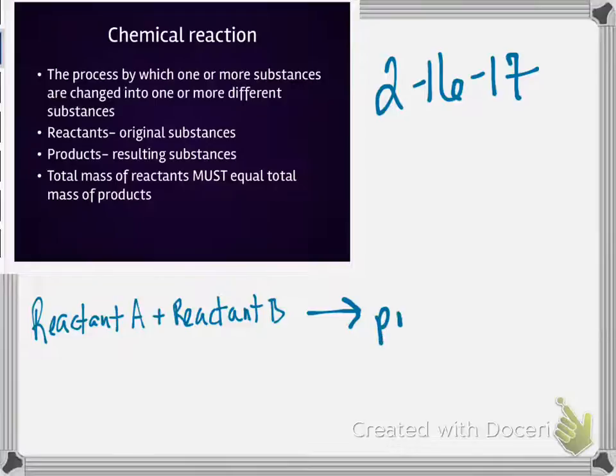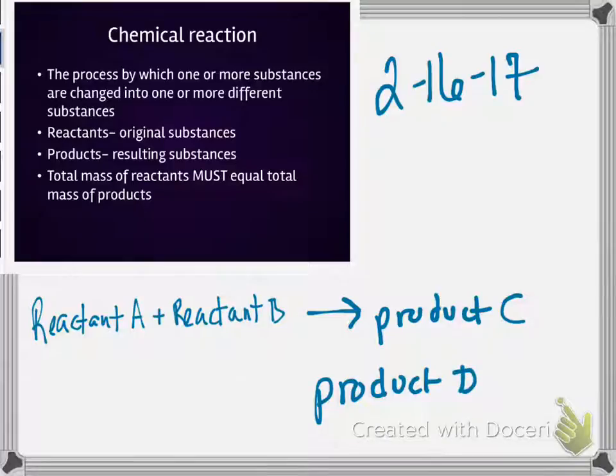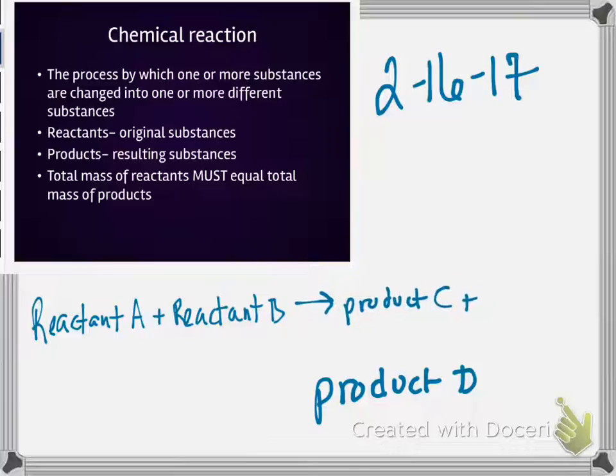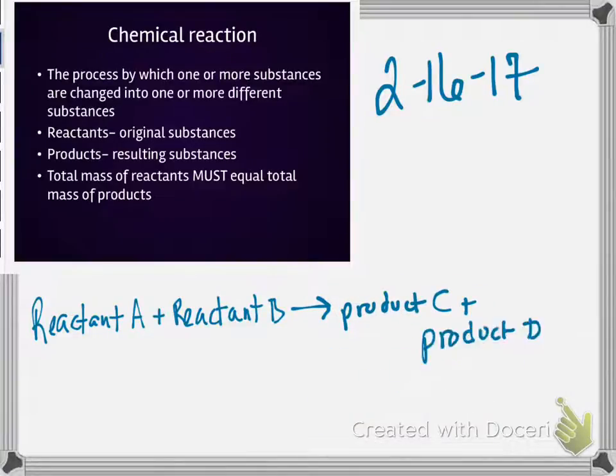So we get product, and just to keep life simple, we'll use product C and D. I mean, most of you, I think, know that, I hope. So reactants in, products out.